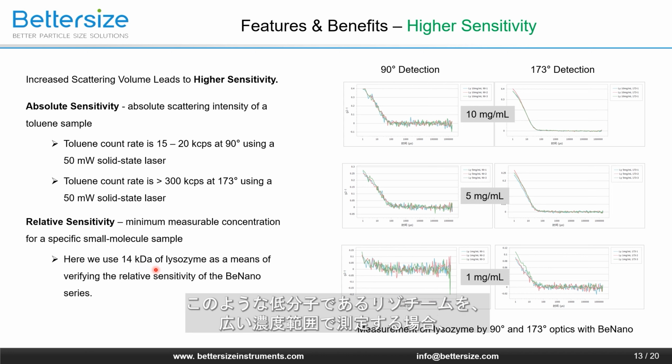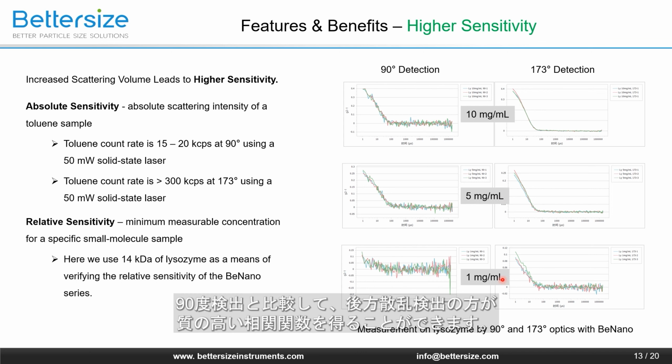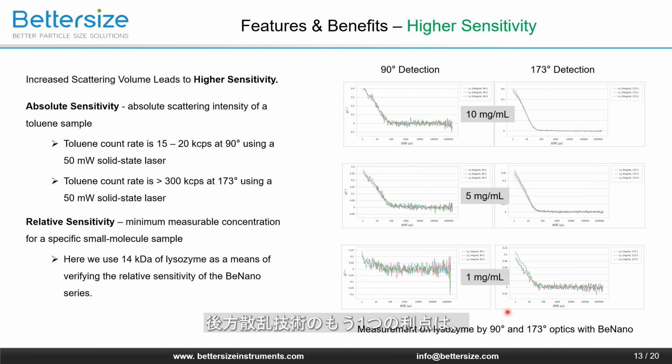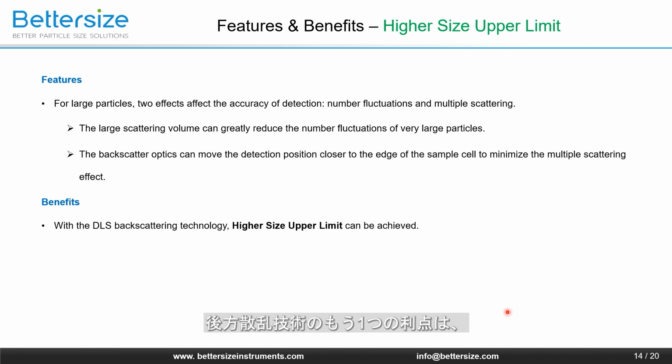As we see, when lysozyme, such a small molecule sample, is measured across a range of concentrations, the backscatter detection gets much higher quality correlation functions as compared to 90-degree detection. Therefore, in terms of the relative sensitivity, the superior ability of the DLS backscattering technology has been verified.